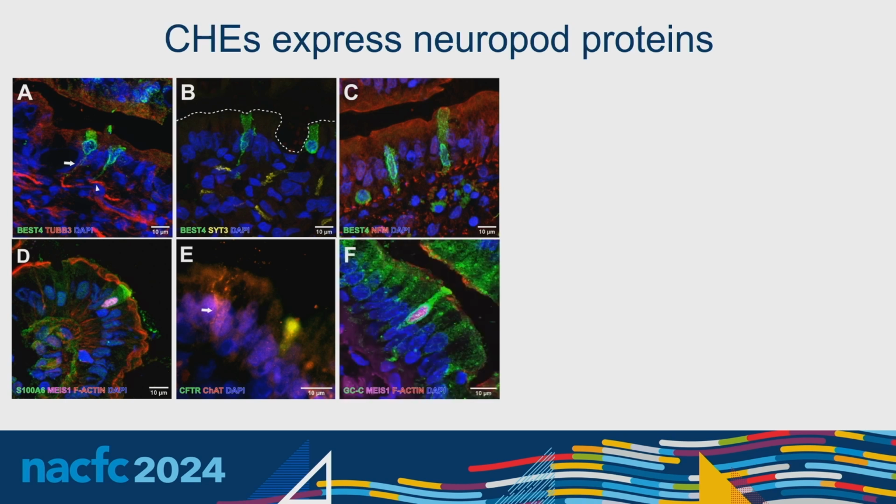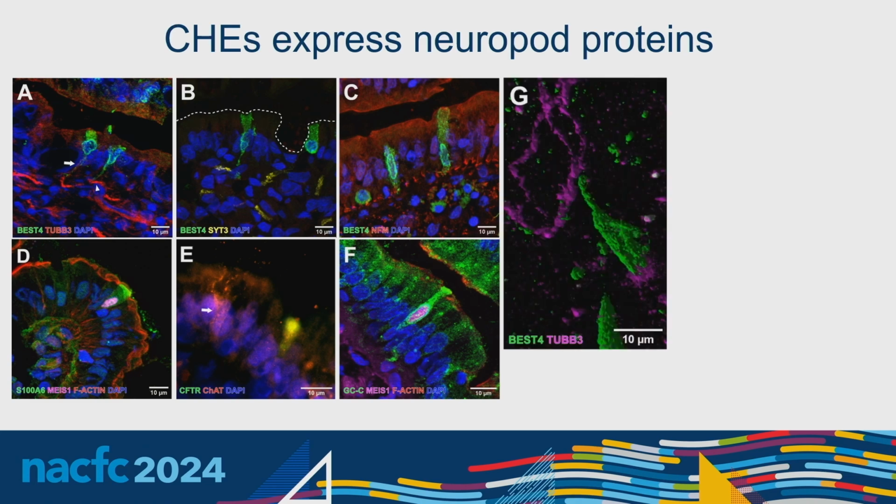So the GCC, as I mentioned before, is enriched both in the apical domain and throughout the cytoplasm of these cells. You can see by 3D reconstruction the location and the proximity of the TUB3 positive neurons with a BEST4 positive cell.